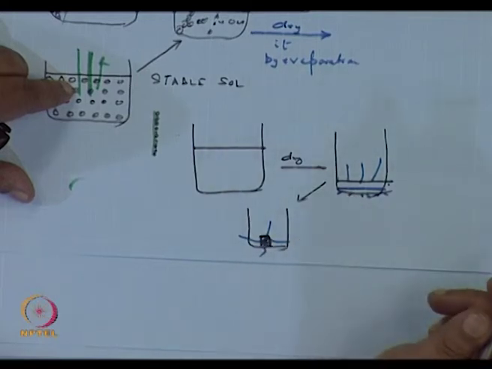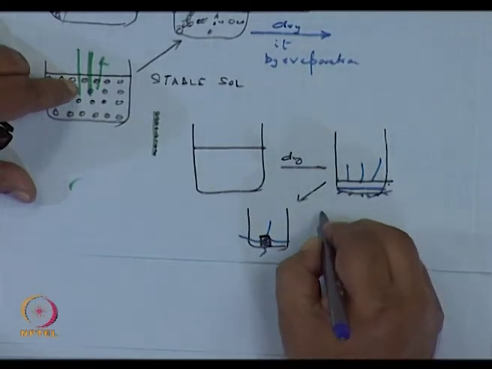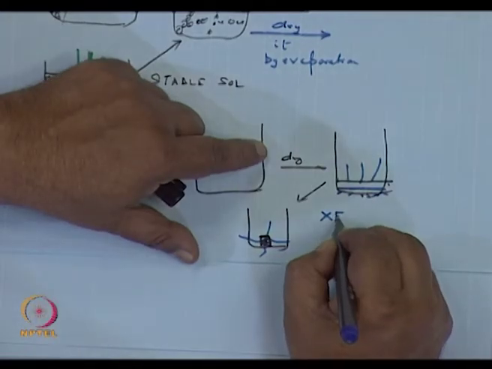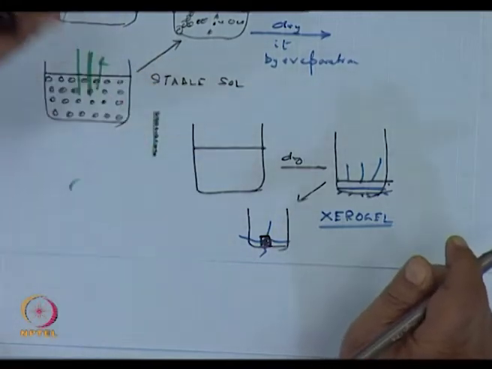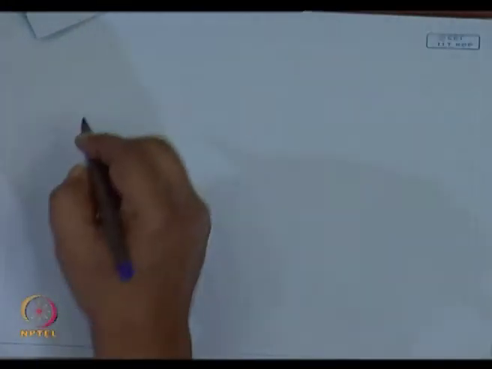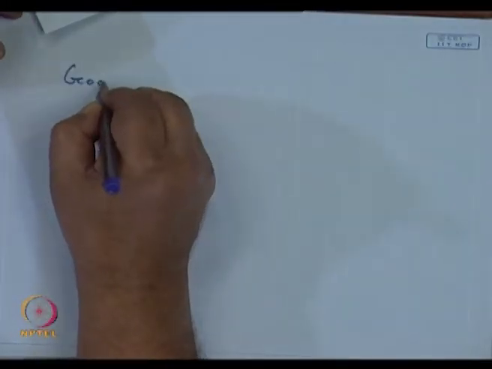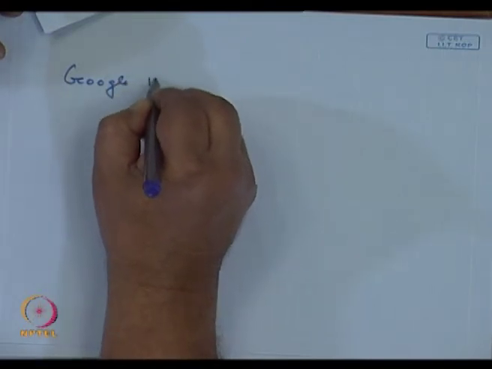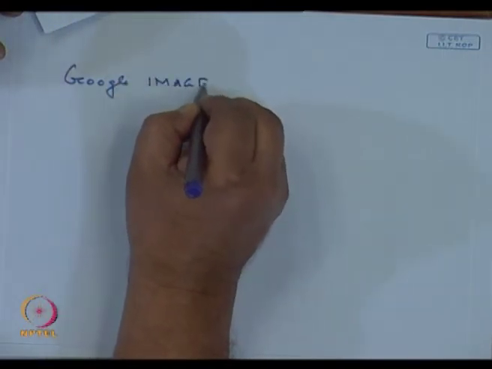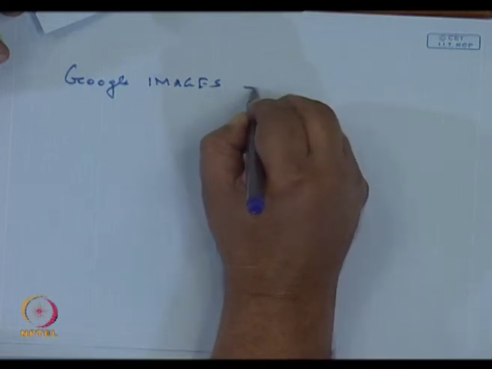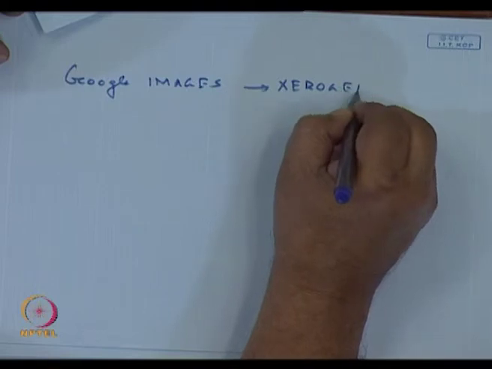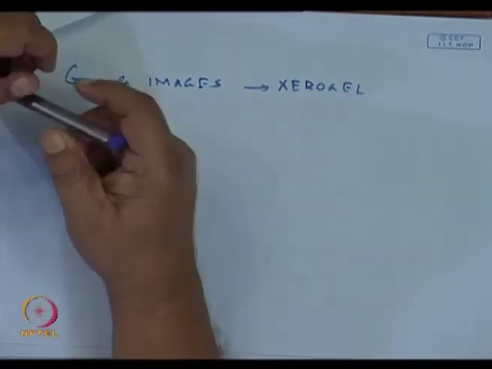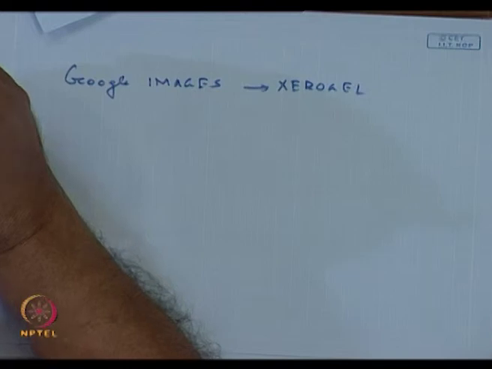Now, this sort of a gel is called a xerogel. If you go to Google Images and type in xerogel, you will have lots of examples of what xerogels are.